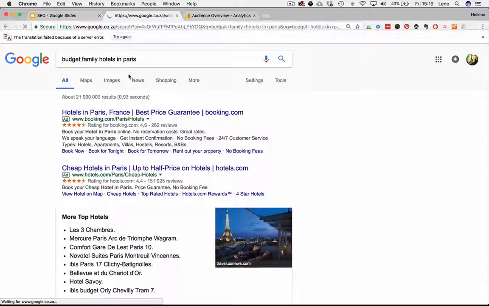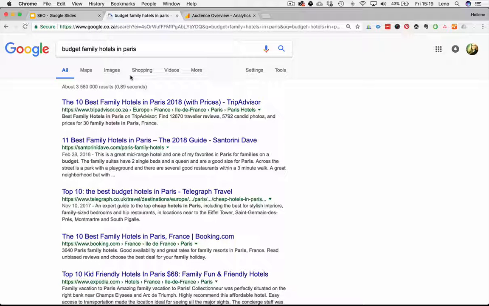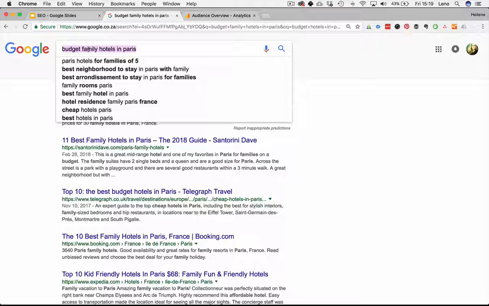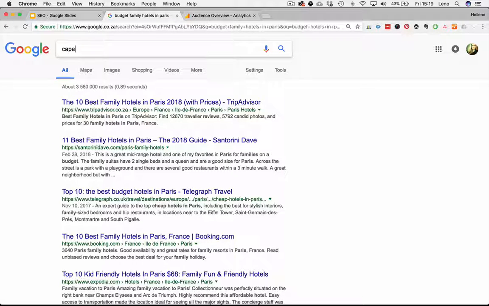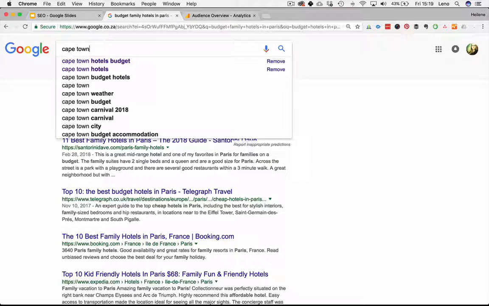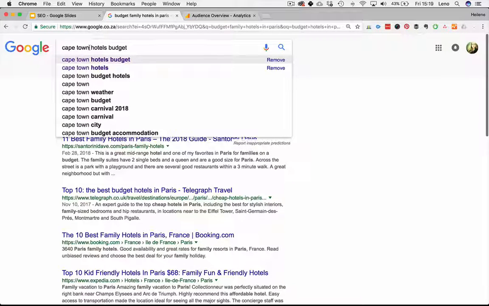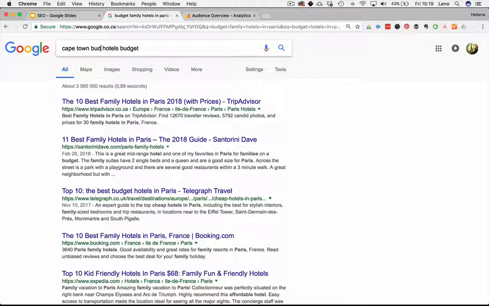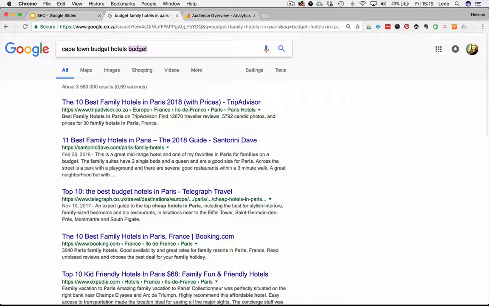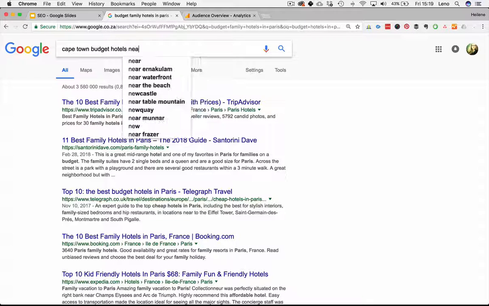Okay, so let's see. Here you have a lot of competition, but they're much less. And let's just do Cape Town, for instance. Cape Town budget hotels. Let's just switch these words. Budget hotels near the waterfront.